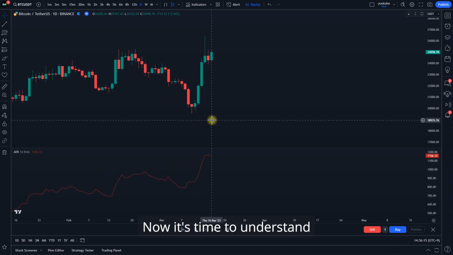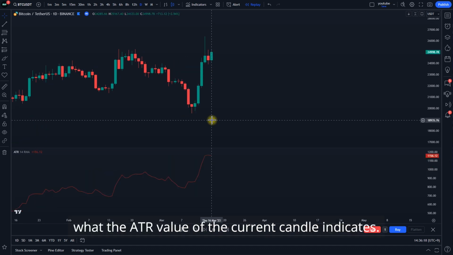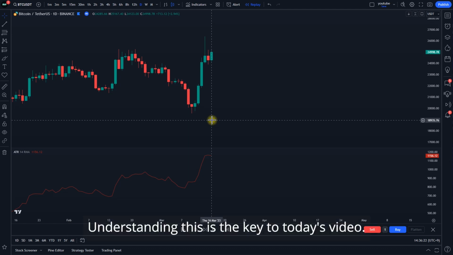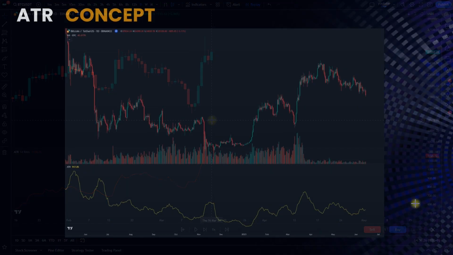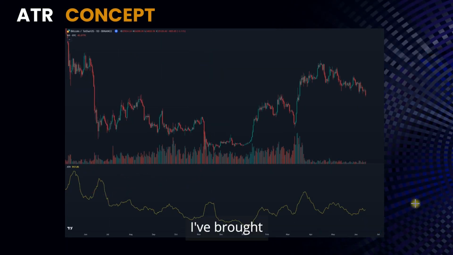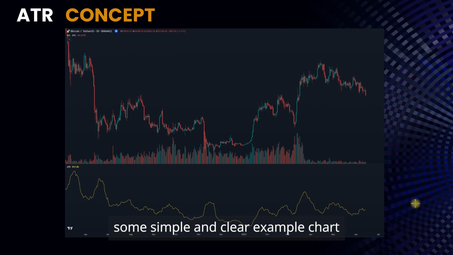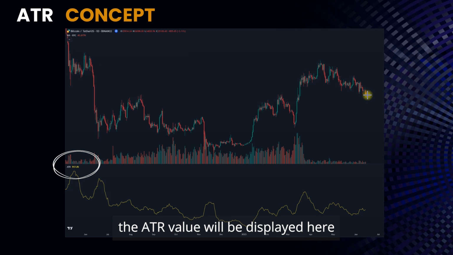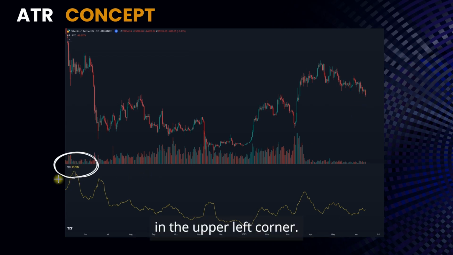Now it's time to understand what the ATR value of the current candle indicates. Understanding this is the key to today's video. I have brought a simple and clear example chart for better understanding. When the current candle on the Bitcoin daily chart closes, the ATR value will be displayed here in the upper left corner. The text is small, right?